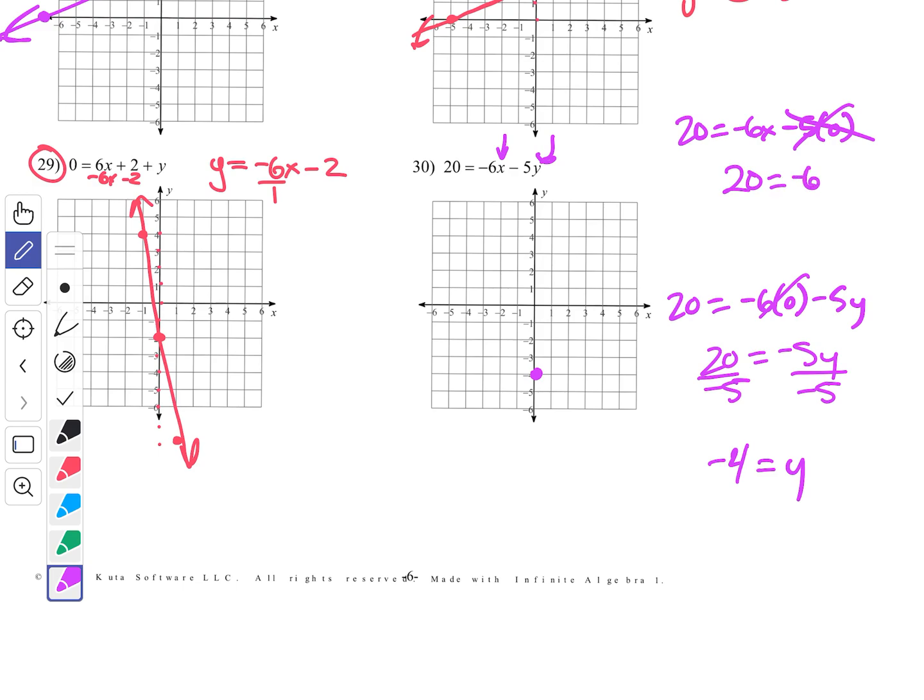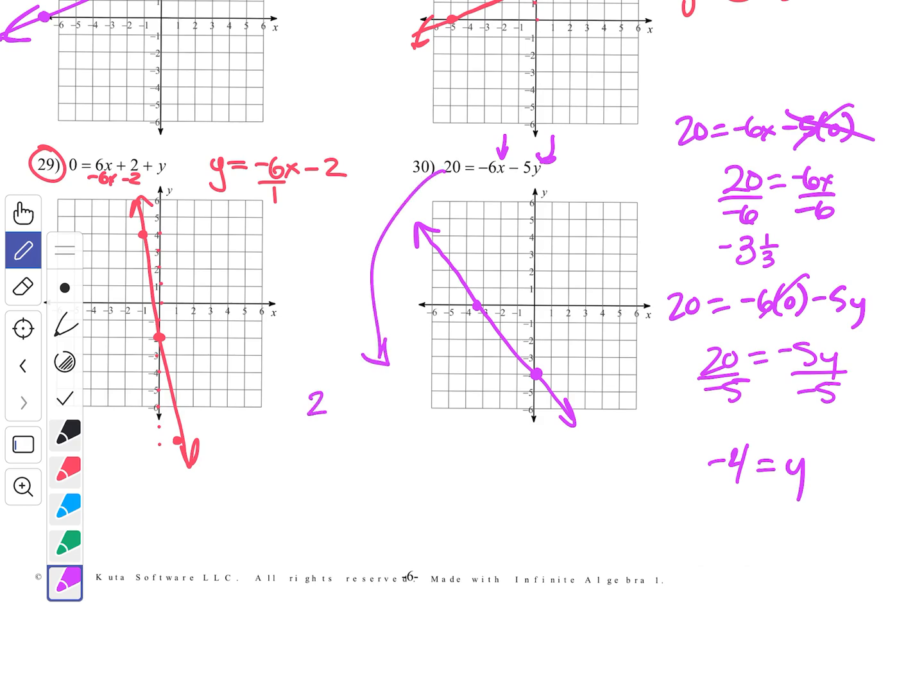That becomes 0. So 20 equals negative 6x. Divide by negative 6. And 20 divided by negative 6 is negative 3 and 1/3. Right? Because 6 times 3 would be 18, 2 left over, 2 over 6 would be 1/3. So negative 3 1/3 would be about right there. And we'd get our line.